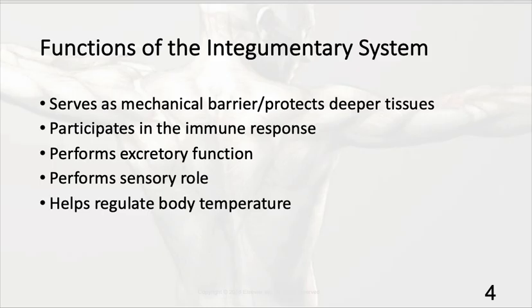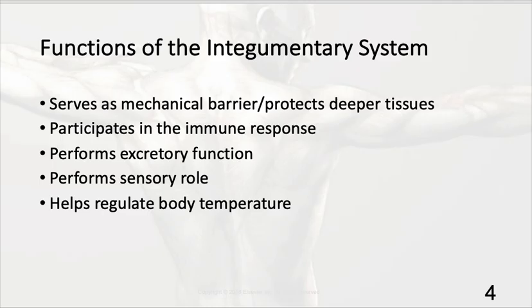It also protects us from chemicals, right? So it provides a mechanical barrier to protect the deeper, more sensitive tissues from chemicals and UV radiation, so radiation that is emitted by the sun or even by tanning beds. Our skin serves to protect our internal structures from these things, so that physical mechanical barrier.